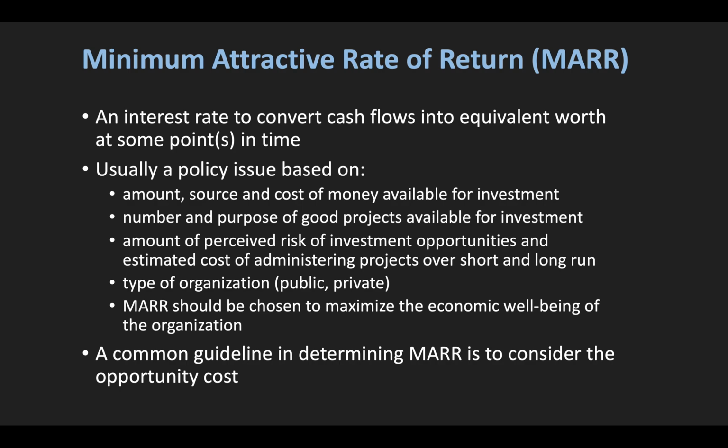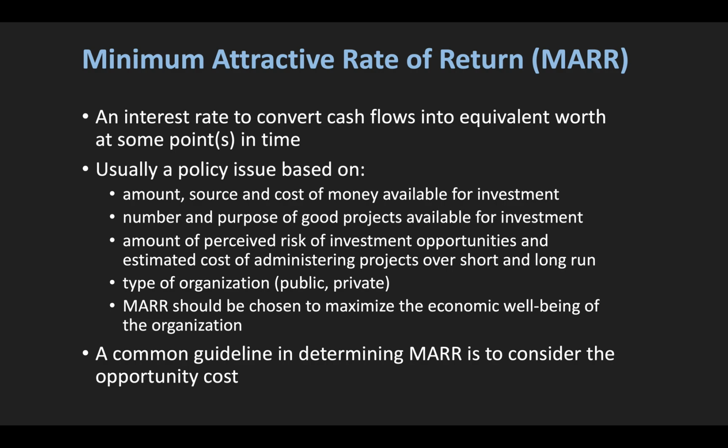Which is my mortgage. If I pay down my mortgage, I'm gaining 4%, right? So if I do decide to invest in the stock market, my opportunity cost is 4% to pay back my mortgage. So that's what it means by minimum attractive rate.